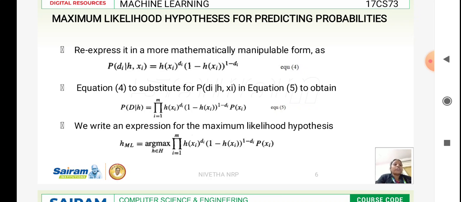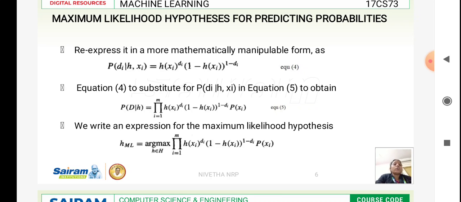Now we are going to substitute the above equation with the derived output. When you substitute, you will get probability of d given h as the product from 1 to m of h of xi to the power of di, into 1 minus h of xi to the whole power of 1 minus di, into the probability of xi.